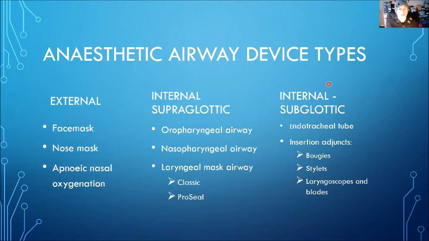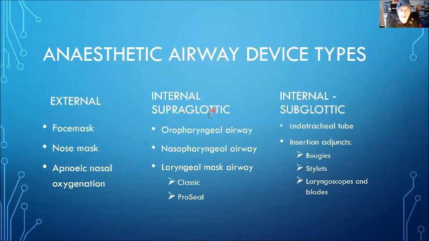The internal devices are divided into supraglottic and subglottic. The supraglottic devices, which we've already discussed, are the ones that sit above our glottis, and the subglottic devices are the ones that go through the glottis and into the trachea and towards the lower airway, and they are called subglottic.